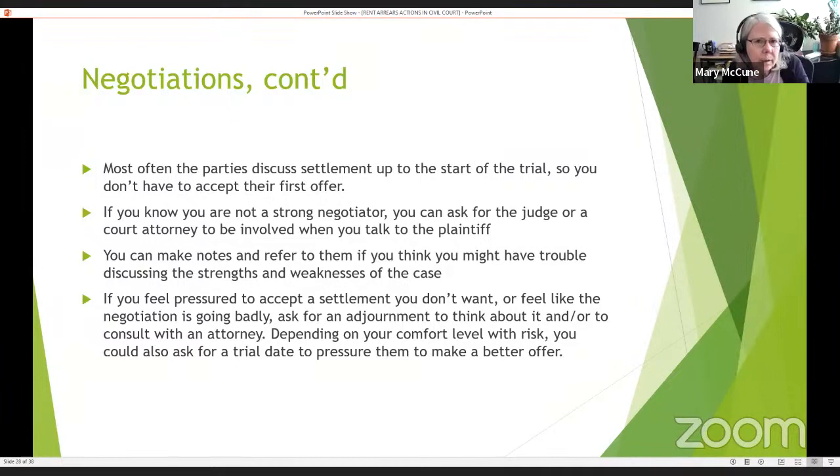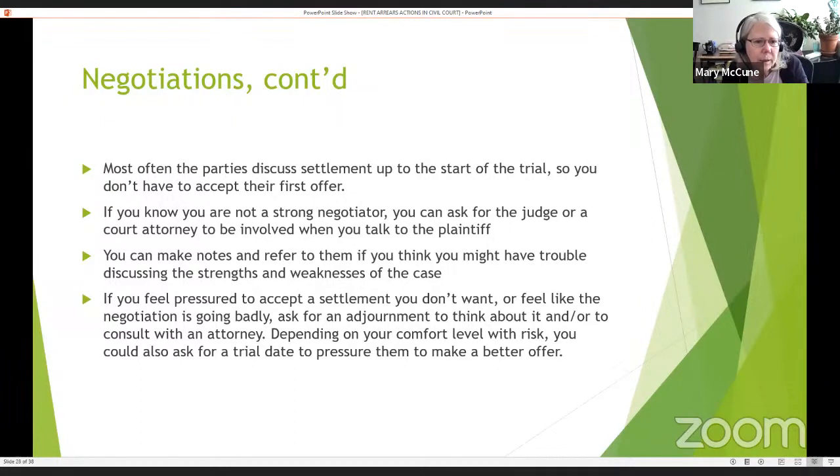If you are someone that may get flustered in the middle of a negotiation, it's totally fine. Make some notes ahead of time. Remind yourself what numbers work for you. Make a list of the points you want to bring up to them about the problems in their case. And then you can always take a minute to look at them.